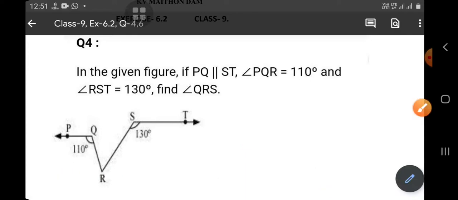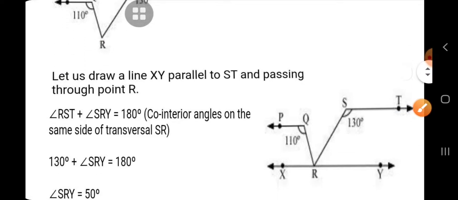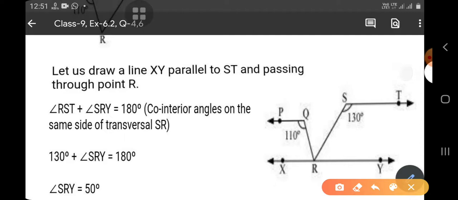Just look at here. Let us draw a line XY parallel to ST and passing through the point R. This is the XY line I have drawn, which is parallel to ST.